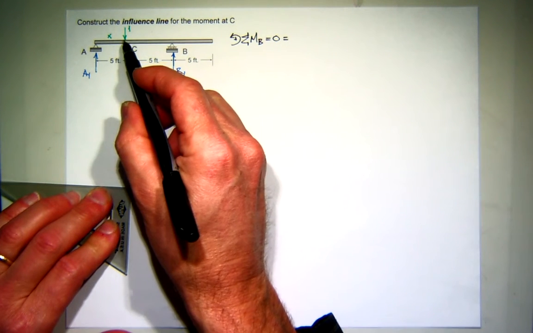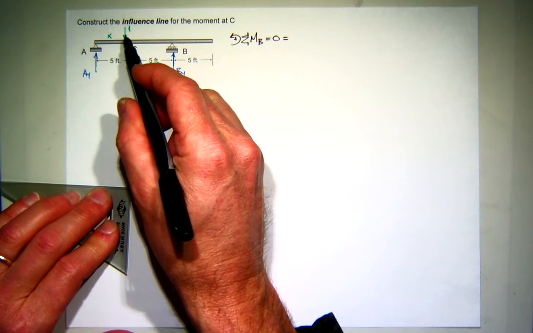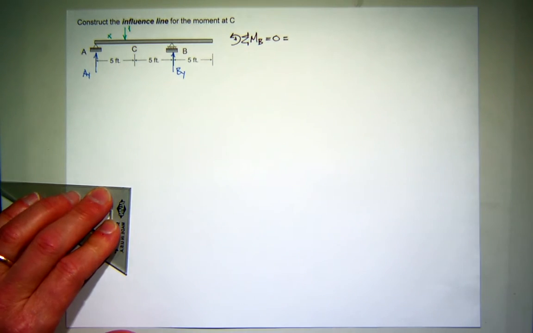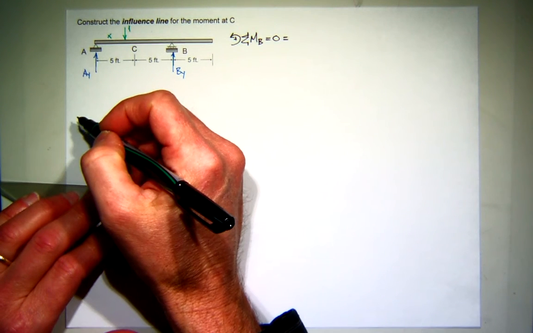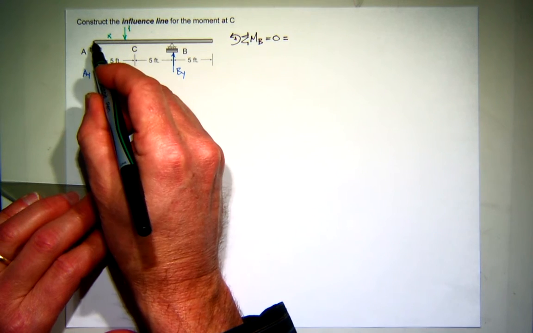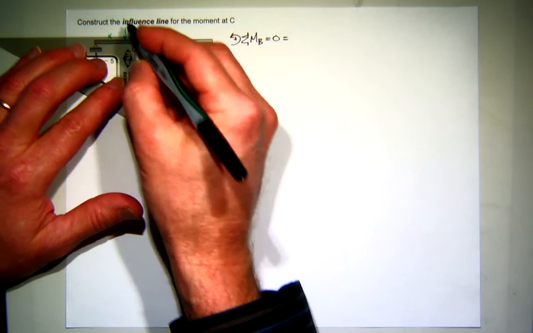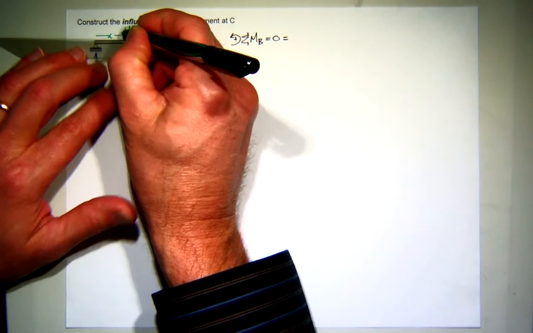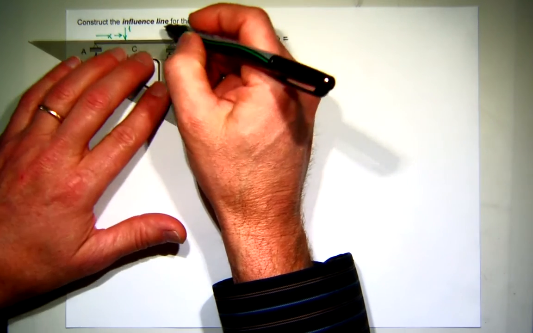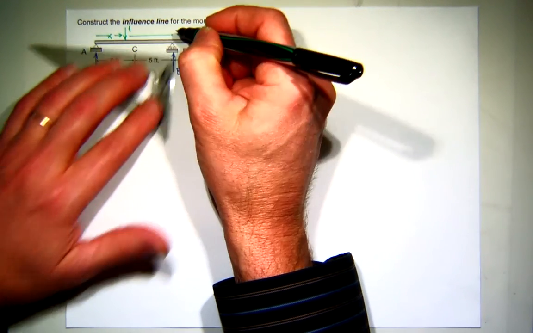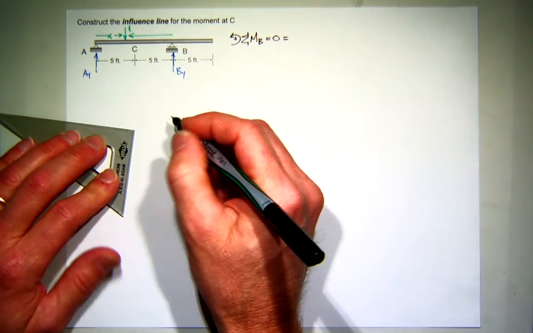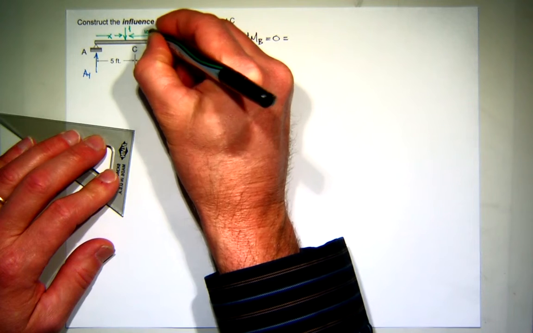So what is the moment of this force about B? Since the force is located from the right-hand side at some position, let's say X, then what is this distance? 10 minus X.